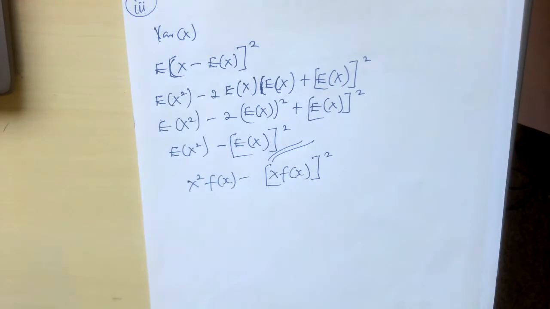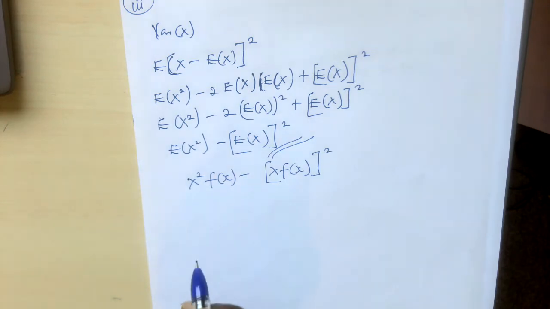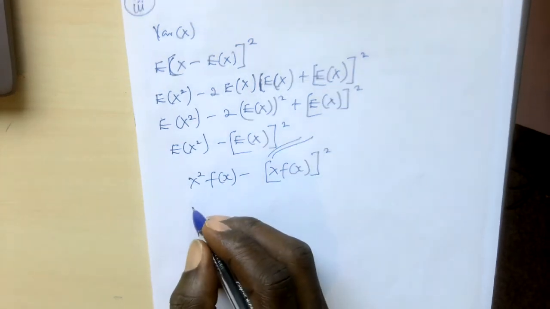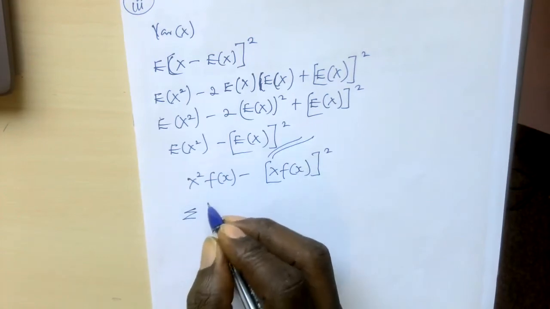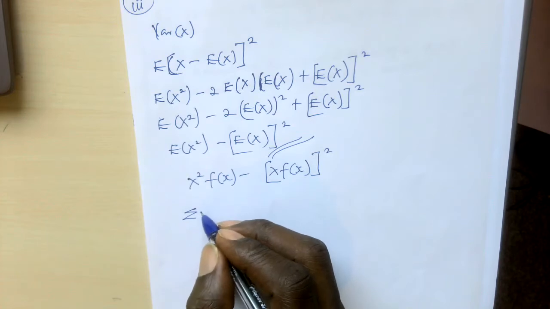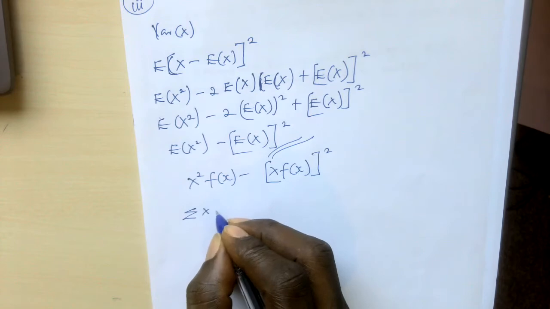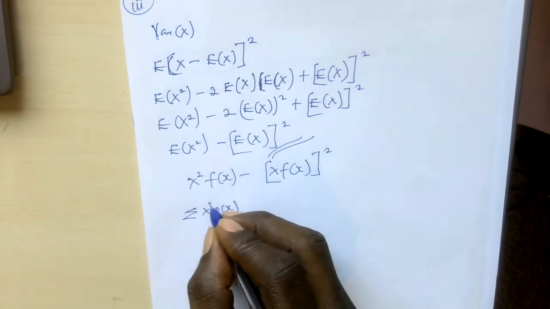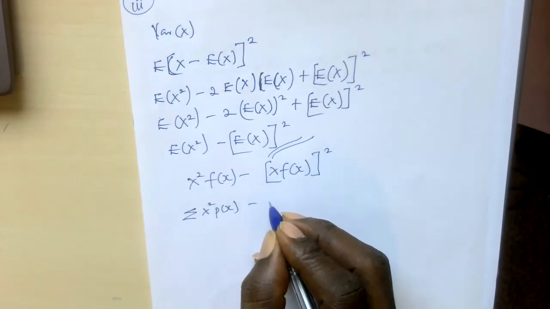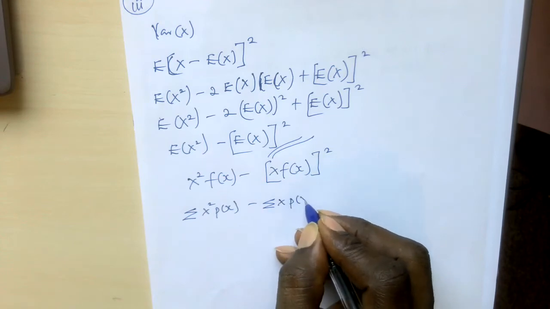Now let's move to the next one. I've given you for continuous, so for discrete, I think it's the summation of x squared p of x minus the summation of x times the probability of x, all squared.